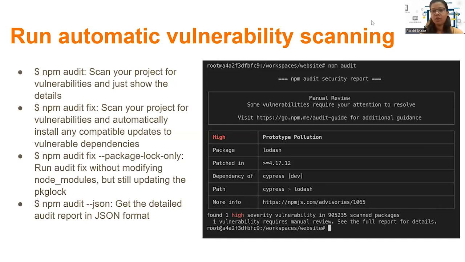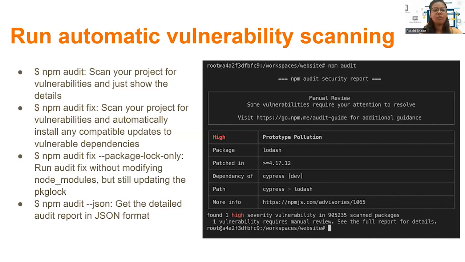For npm audit, there are some basic commands. For example, first one is npm audit. This will just scan your project for vulnerabilities and show you the report on the console. Another is npm audit fix. It will scan your project and also complete any update if a dependency needs it.